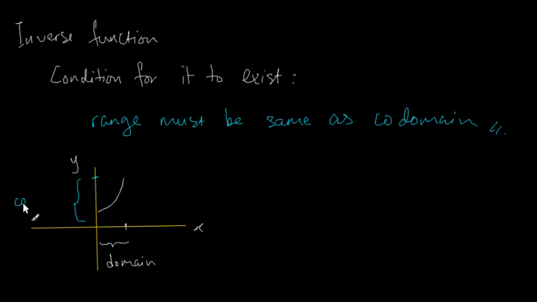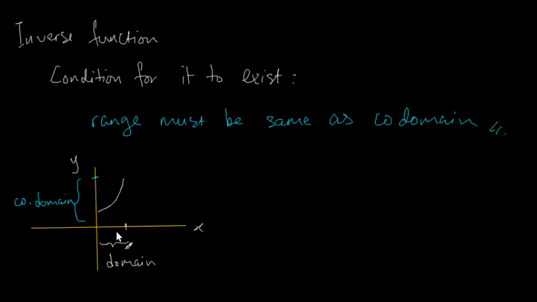This is my codomain. Okay, so as a function is no problem. For each value of x, I can find a value for y, and it's unique.